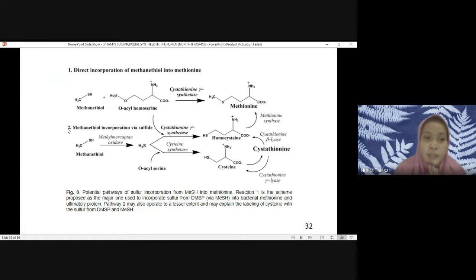And then the second pathway is the metanetiol incorporation via sulfide. The metanetiol with the enzyme methyl mercaptan oxidase becomes the O-acyl serine, and then it will become the homocysteine. The homocysteine will be the methionine.